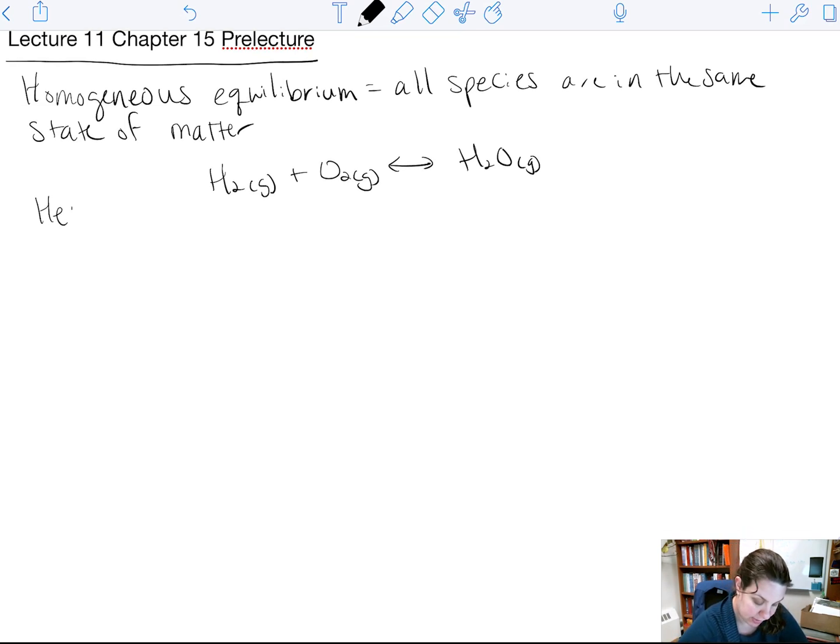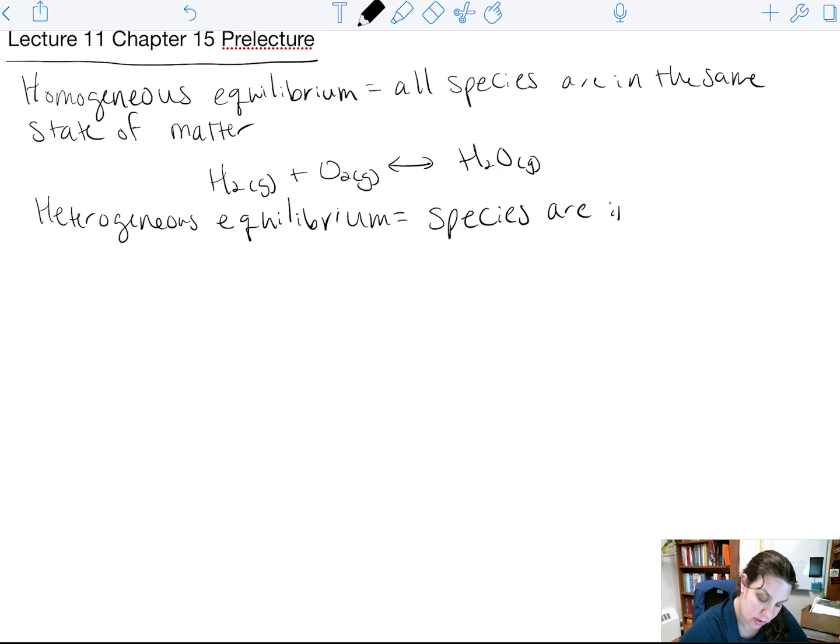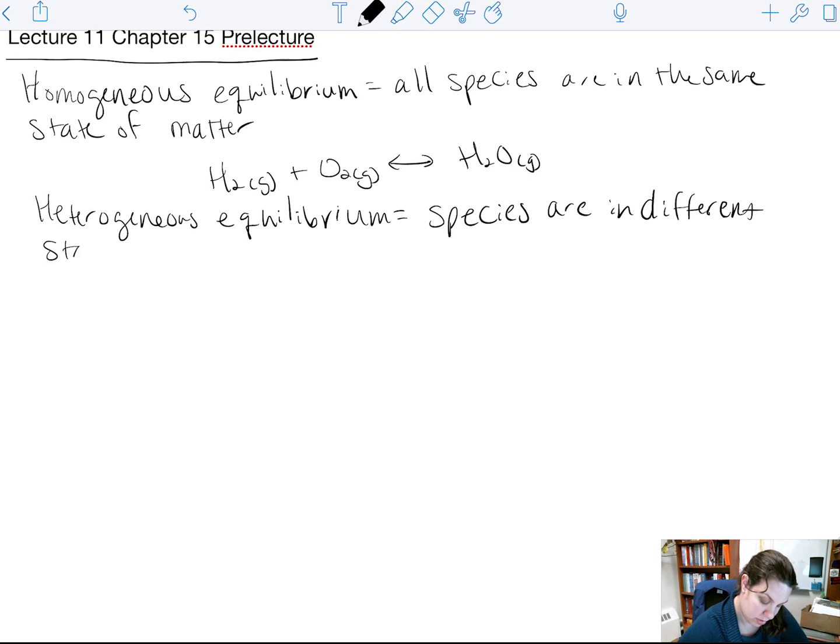Next we have heterogeneous equilibrium. And this is when we have different states within here. The dissolving of a solid would be an example of a heterogeneous equilibrium, something like this.